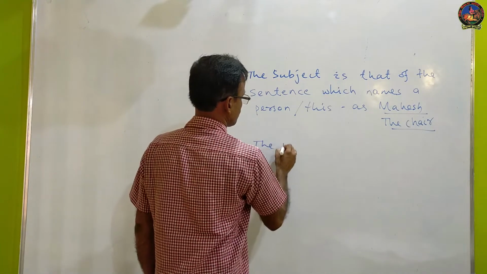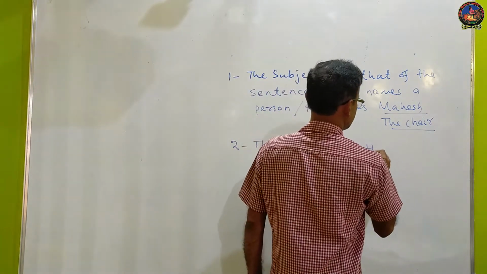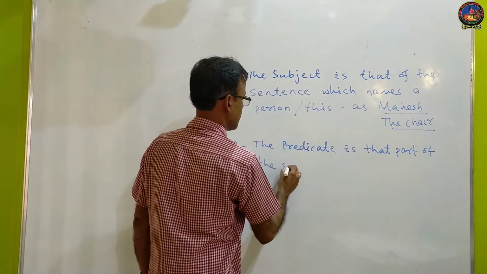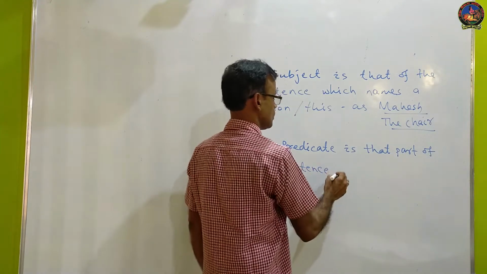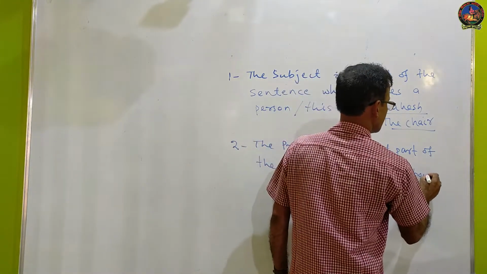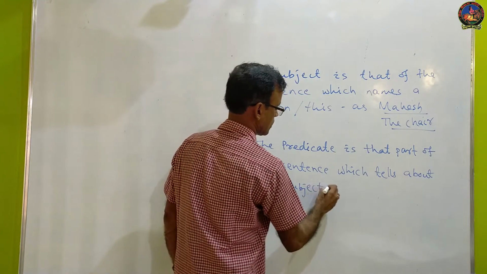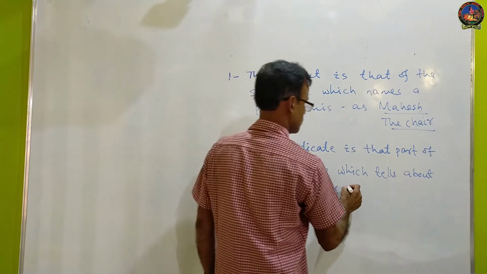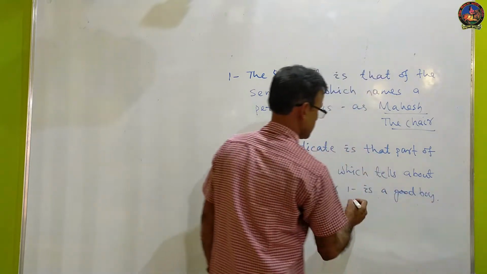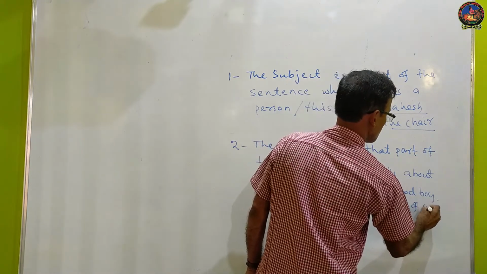And the predicate is that part of the sentence which tells about the subject, as is a good boy, is made of wood.